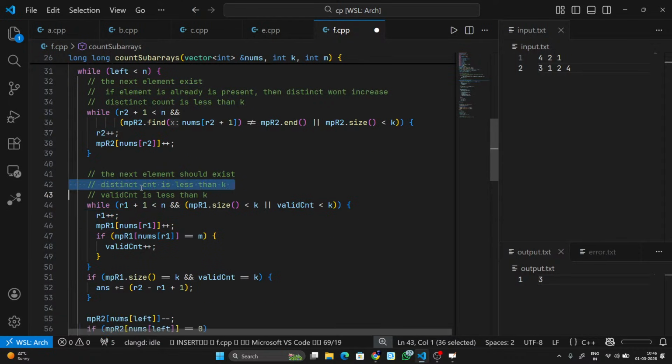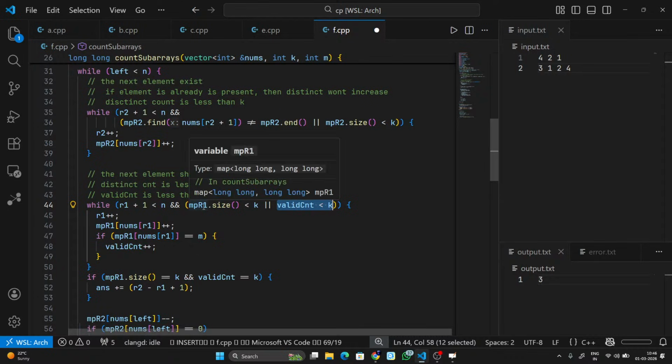Both of these conditions need to be satisfied, right? So if any of them is not true, then I will just increase. If the size is less than k, then I will increment. Or if the valid count is less than k, then I will also have to increment. I cannot just check that one is satisfied and then continue. So that's why they are inside the OR operator. If any of them fails, then increment the right pointer. And we can only do that when the next element exists. So this is the condition for incrementing the R1 pointer.